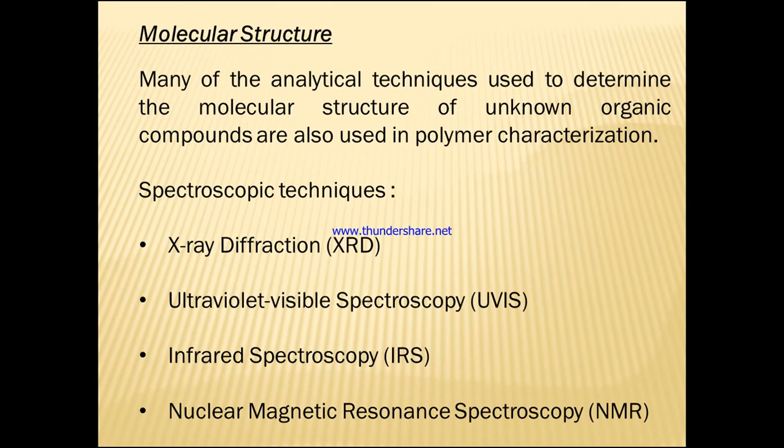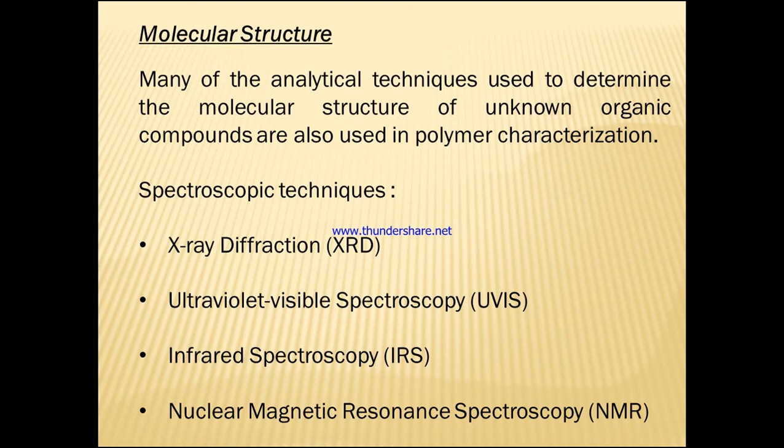So, how to find the molecular structure here. Many of the analytical techniques used to determine the molecular structure of unknown organic compounds are also used in polymer characterization here. When we want to find a molecular structure, we go by these spectroscopy techniques.